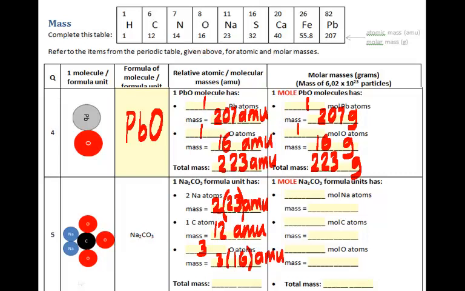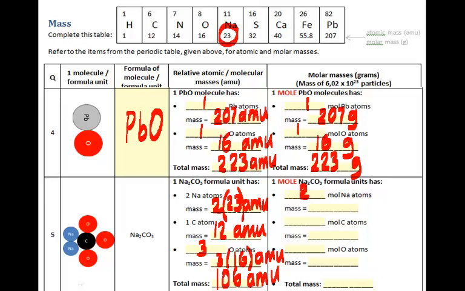So all of these together, 2 times 23, which is 46, plus 12, plus 3 times 16, I should put that in brackets, is equal to 106 atomic mass units.